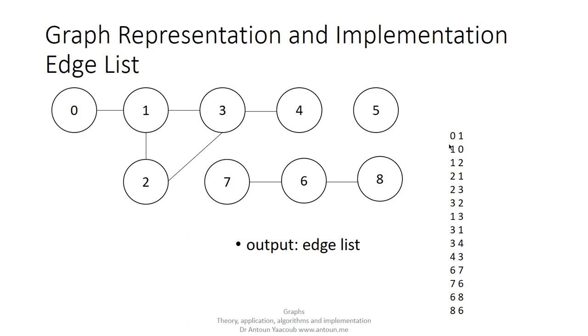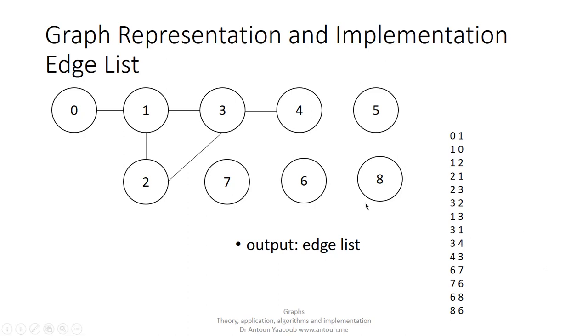The edge list can be stored in a vector. As we have done for the weighted graph with the adjacency list, we can use a vector of pairs of integers. Each pair AB denotes an edge from A to B. If the graph is weighted, I will use a triplet or a tuple. We will do it now and see how. Also, since we have a tuple, we can also use a priority queue.